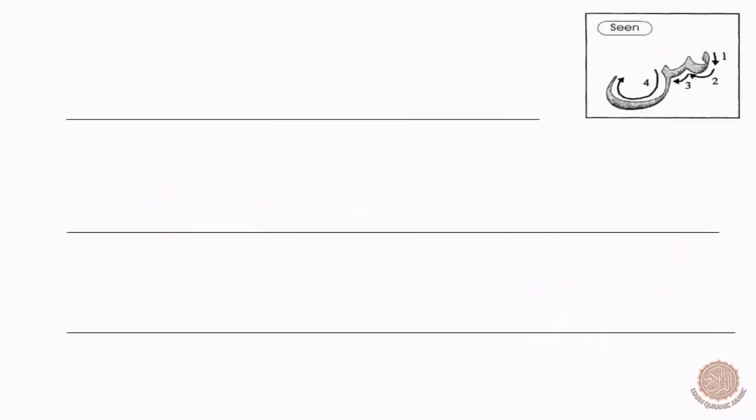Okay, next letter, the seen. So the seen is written as follows in the isolated form. Once again. So when it comes in the beginning of a word, it's as follows. And then this joins on in the middle.